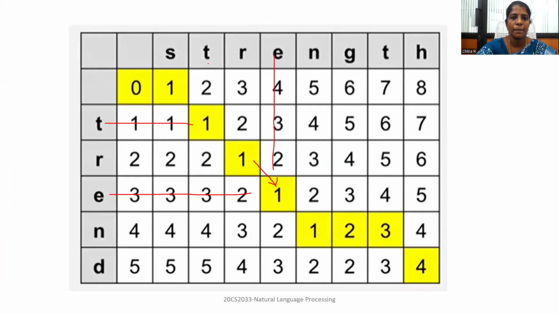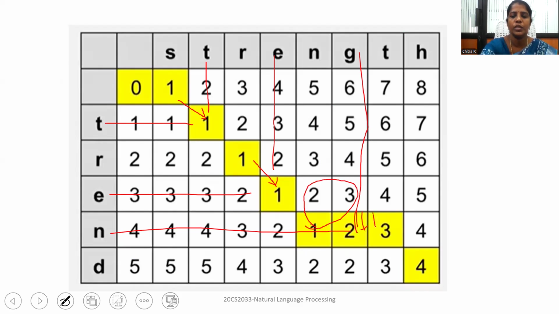If it is the same, this diagonal value is processed and placed here. And consider this G and N. G and N are different. In that situation, the minimum value is taken from these three, and the minimum value is 1. So 1 plus 1 is equal to 2. 2 is placed here.